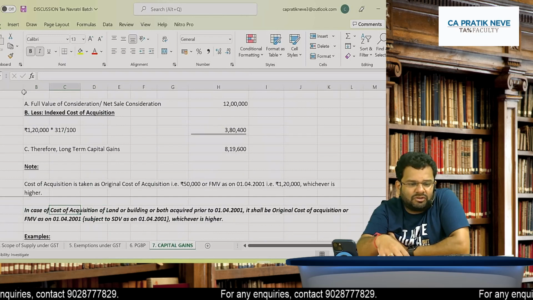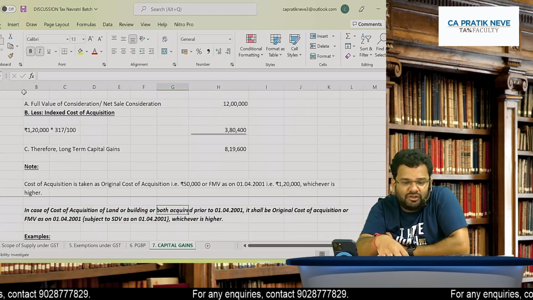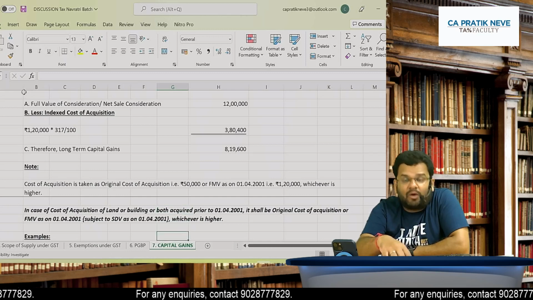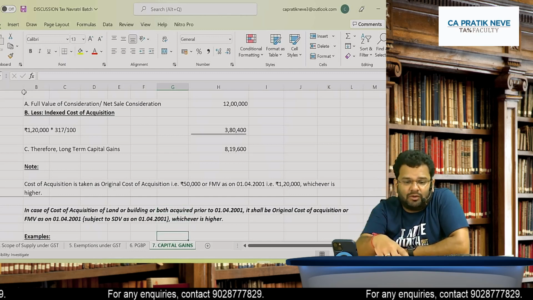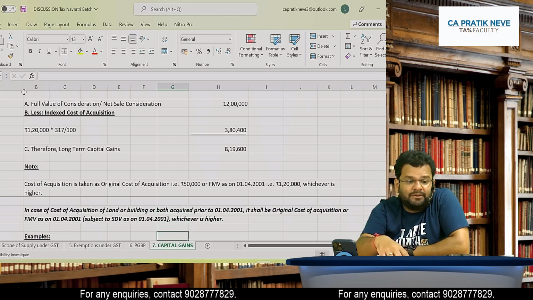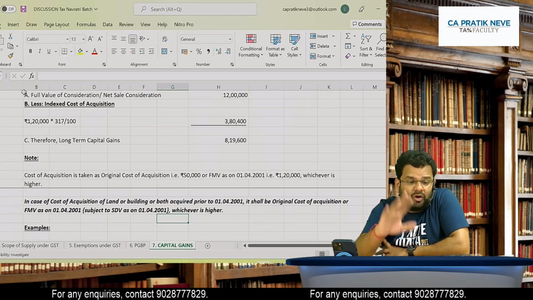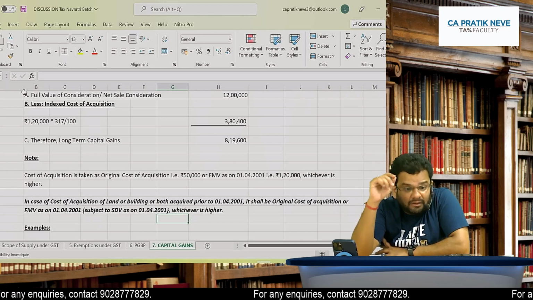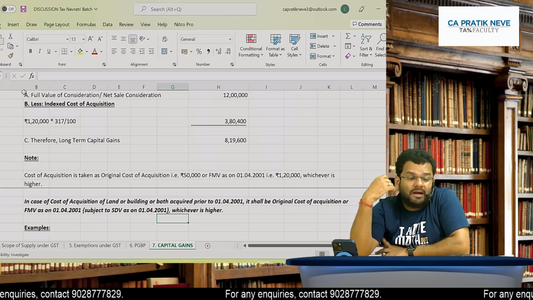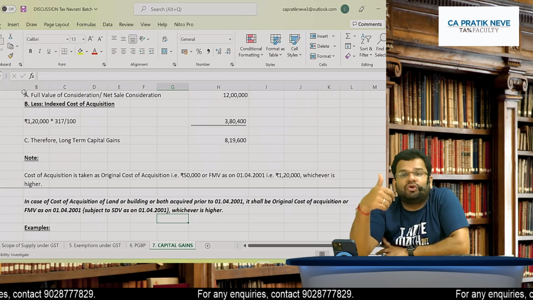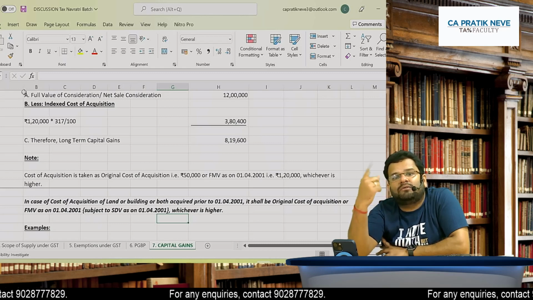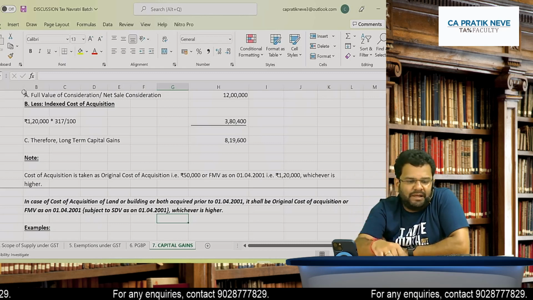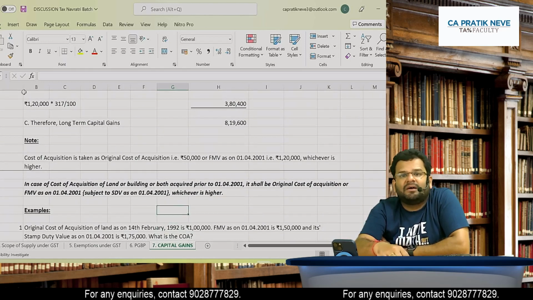In case of cost of acquisition of land or building or both acquired before 1st April 2001, it shall be original cost of acquisition or FMV. Same till here. But that FMV should not exceed the stamp duty value. Okay, I have put up a simple example here.